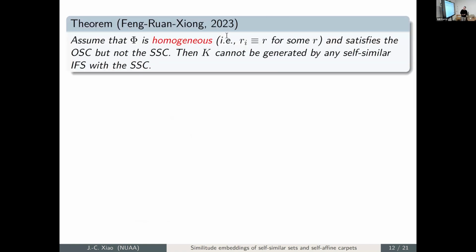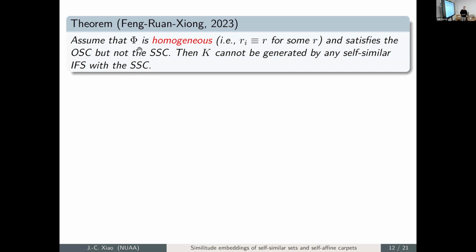In 2023, they showed that if we assume the original system, which is phi again, is homogeneous, that again means that all contraction ratios r_i are just a common value r, and if the system satisfies the open set condition but not the strong separation condition, then you can never find another self-similar generating IFS of this set which satisfies the strong separation condition.